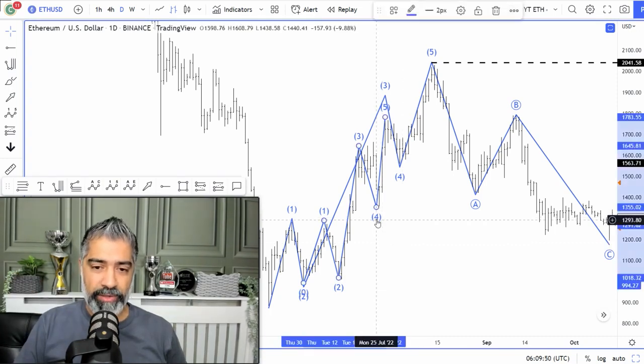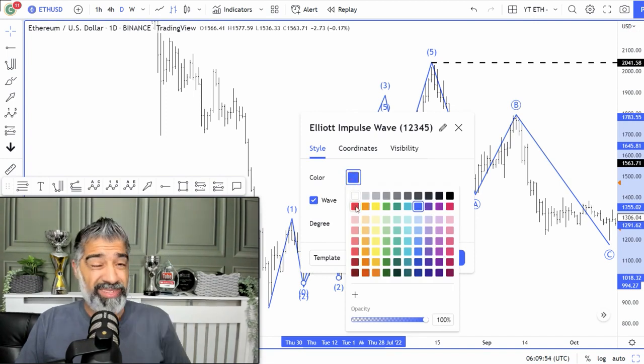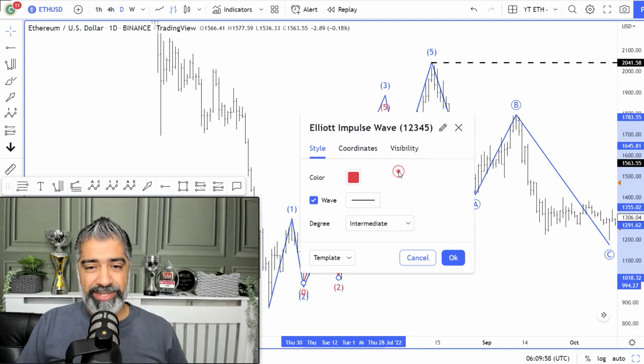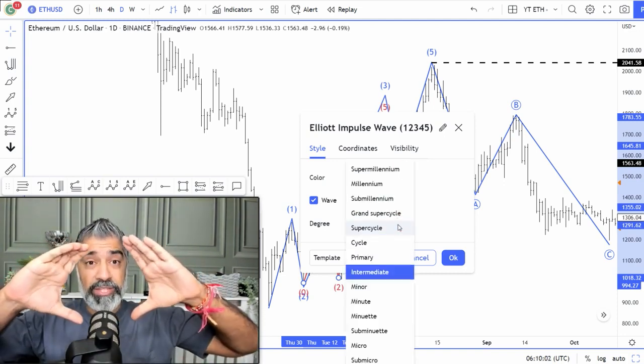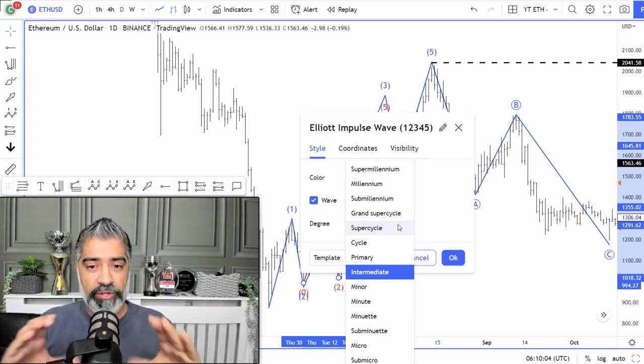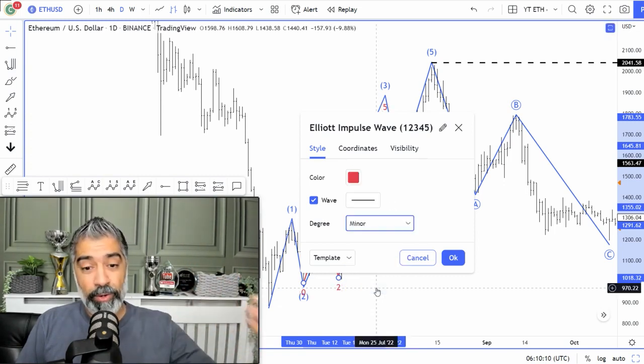So if I just double click on this, let's just make it red. It doesn't matter what color it is. It's easier if you just make it a different color, so it's just easier to see. And then, because it's a wave count of a smaller degree, we just want to take a smaller degree. So the most obvious one would be a minor, as in it just needs to look different.